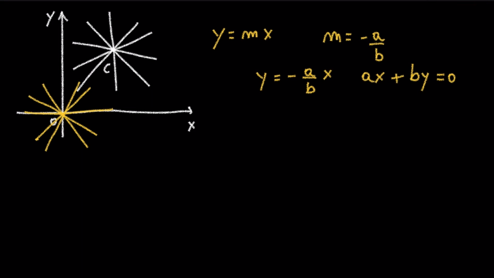Since a and b are variables in R, this equation represents the entire bundle of lines passing through the origin. When b equals 0, the equation reduces to x equals 0, which represents the y-axis.